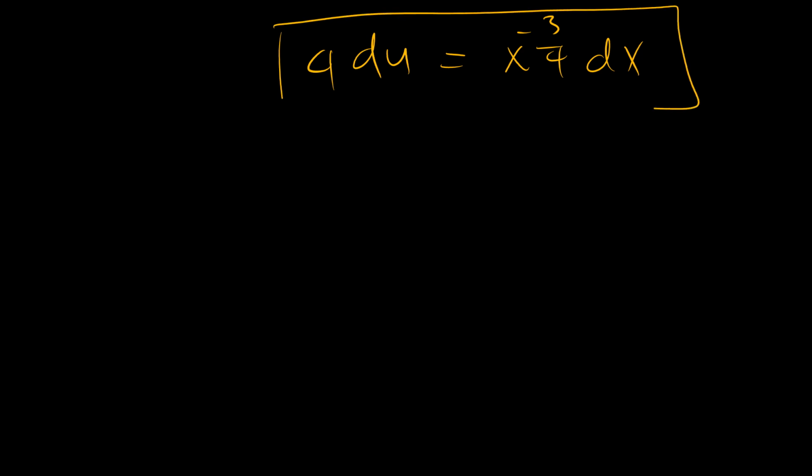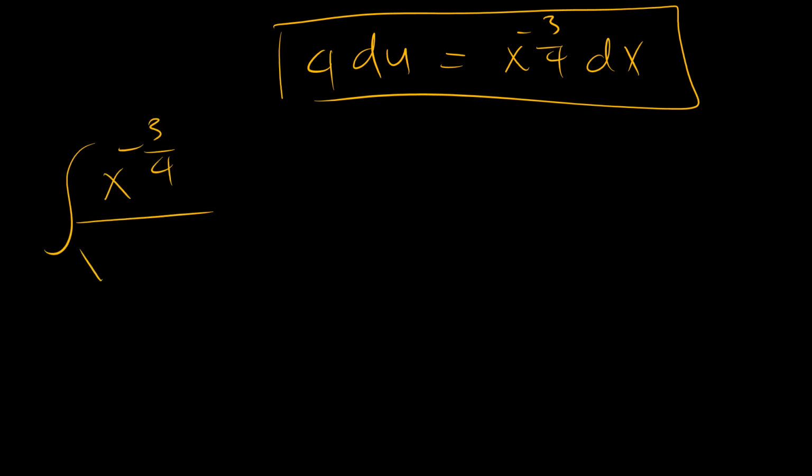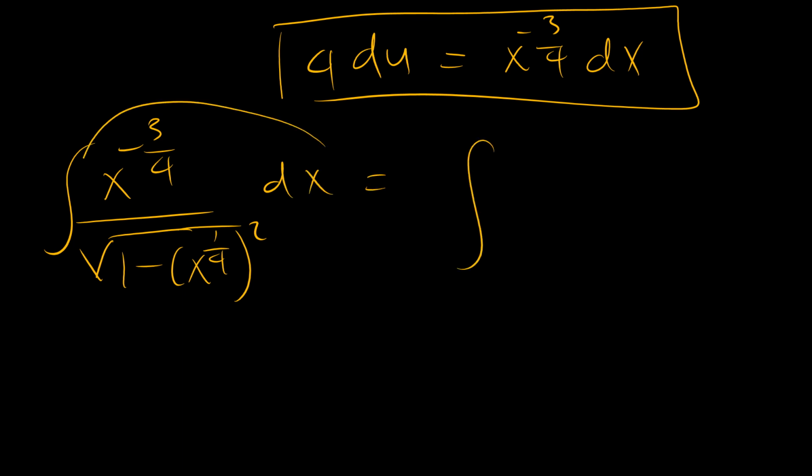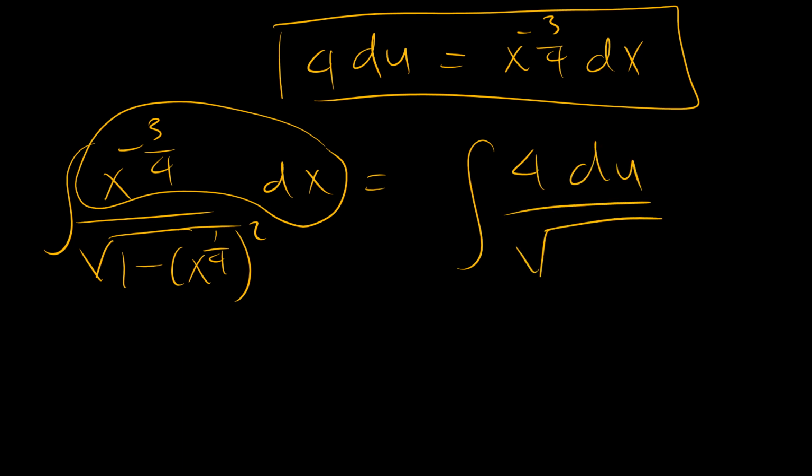So this is an important variable to hold at hand. So we have x to the power negative 3 quarters over 1 minus x to the power quarter squared. This is the same as 4 du, and then we have 1 minus u squared.